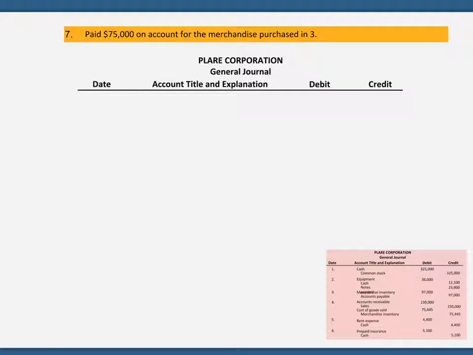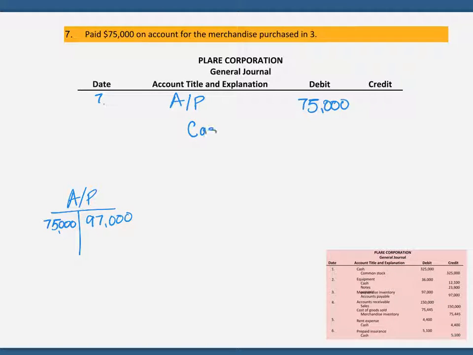So now all we're saying is we started with accounts payable of $97,000, and now we've paid cash to decrease that account by $75,000. So that transaction will be a debit to accounts payable, as that T account shows. And then we will credit the cash for the cash we paid out to decrease that account. Again, that's like an example of paying off a credit card.